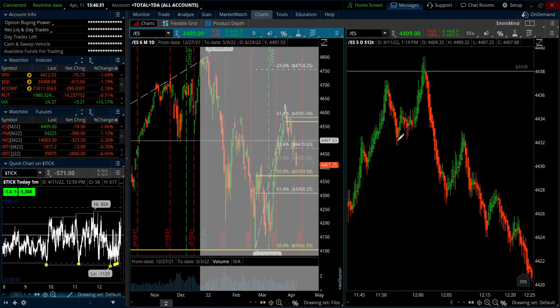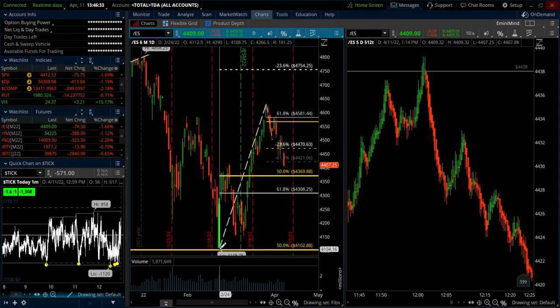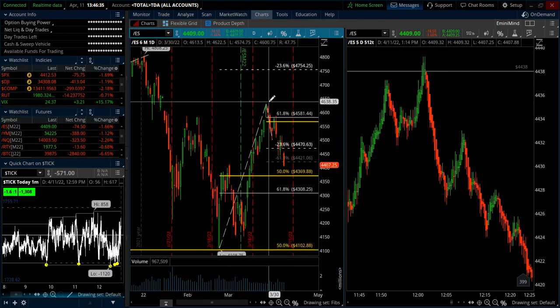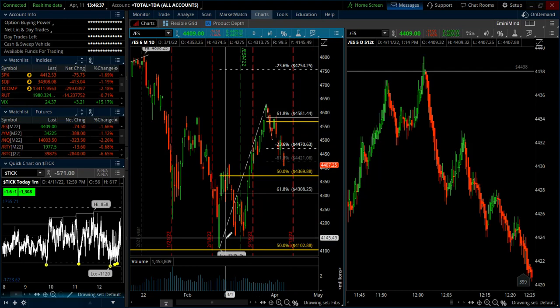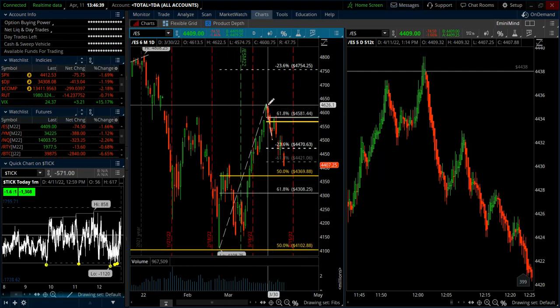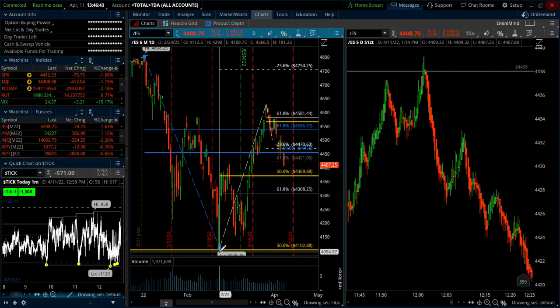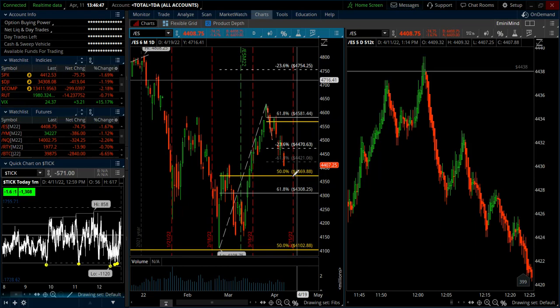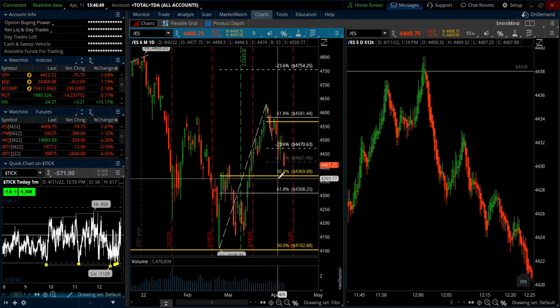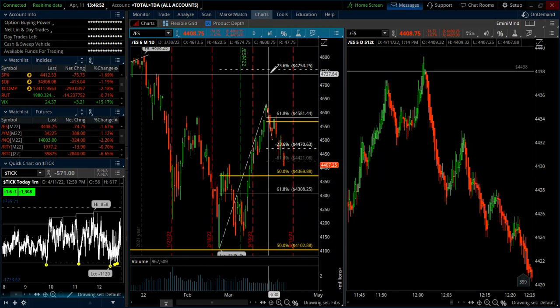So if we start on the daily chart, you can see the 50% retracement long that I have drawn up on the ES is just from lows to highs. We broke the high to low 50% retracement, so the next step would be to draw the retracement in the opposite direction and see if we get a bounce around that 50%.